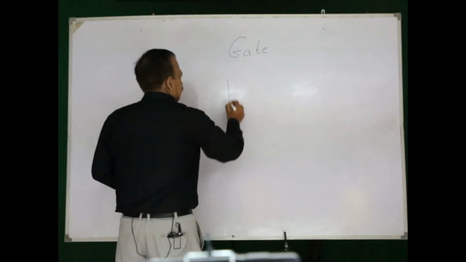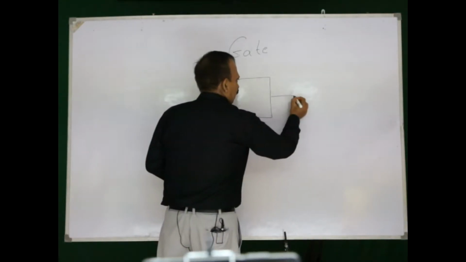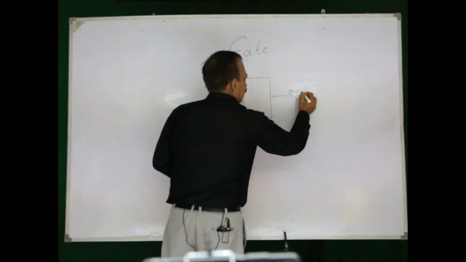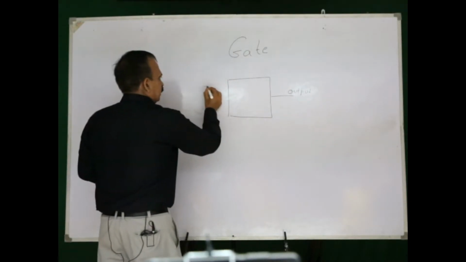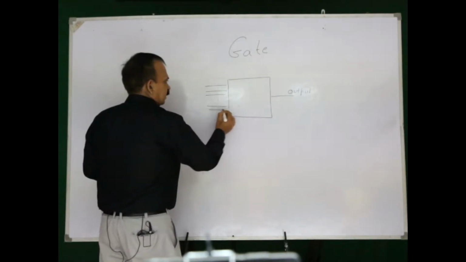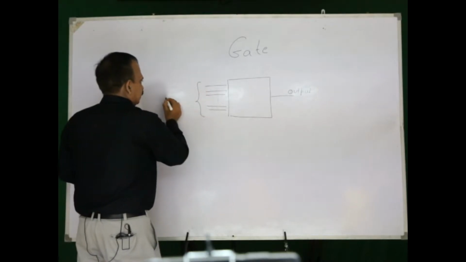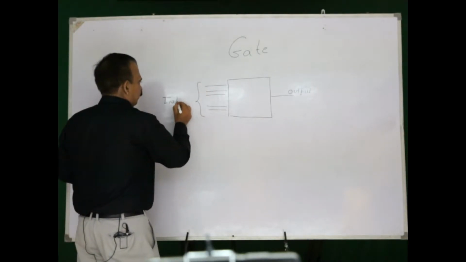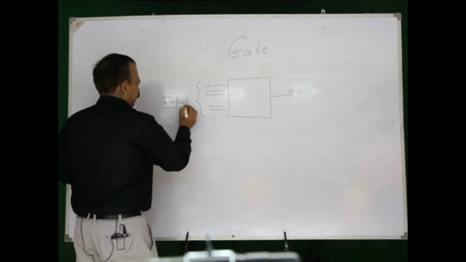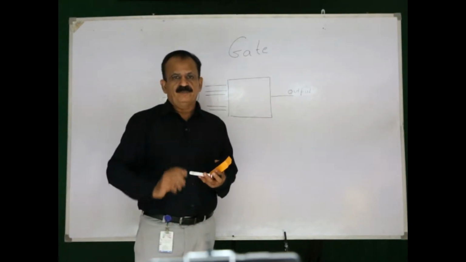I said it is a logical circuit with one output and one or more inputs. The output value will be high depending upon certain combinations of input. The most important words here are certain combinations of input.